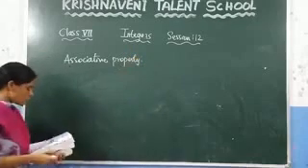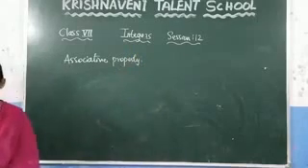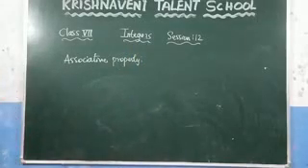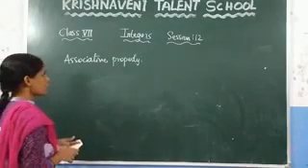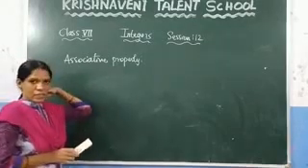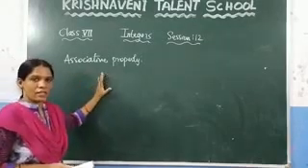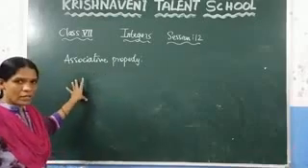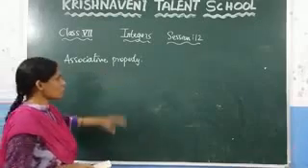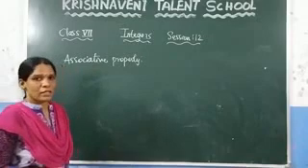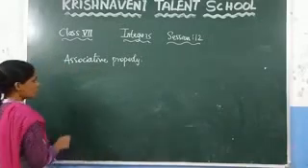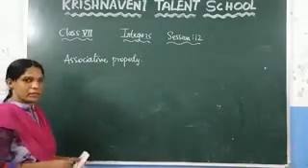So here we are going to discuss the associative property. You know that we discussed the associative property under addition and under multiplication also. Now we are going to discuss this associative property under division. For the associative property, you know that we need three integers.